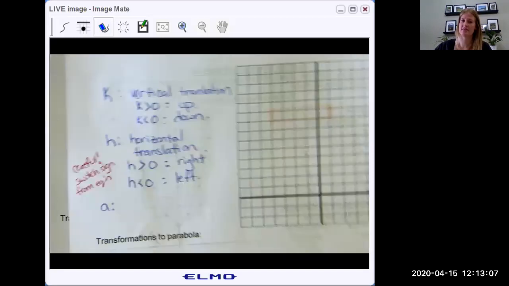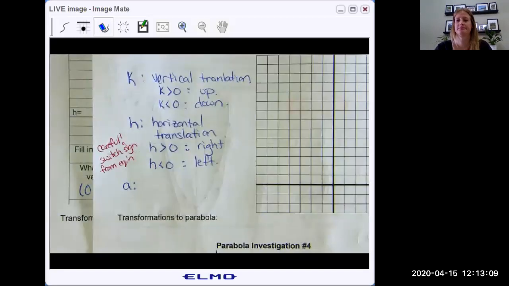We're going to go back to this section right here. And parabola investigation number 3 that we didn't do because my printing got messed up.